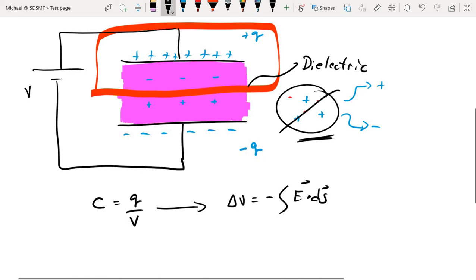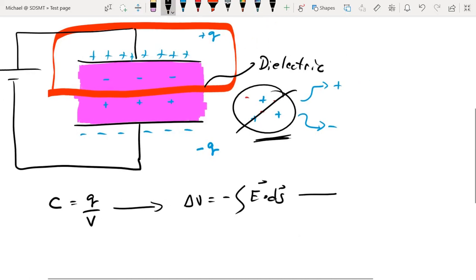Now again, you might be saying, well, if you hook it up to a battery, wouldn't you know that? And the answer is yes, but no capacitor should be defined by the battery that it's hooked up to. Every one of these capacitors should already have its store-bought value predetermined before we plug it into something.